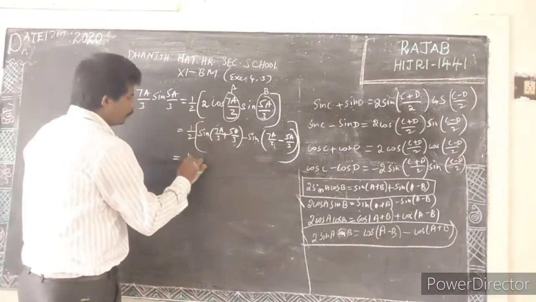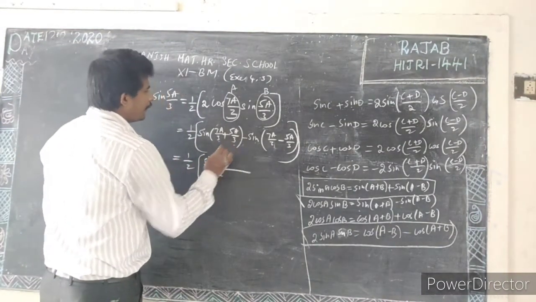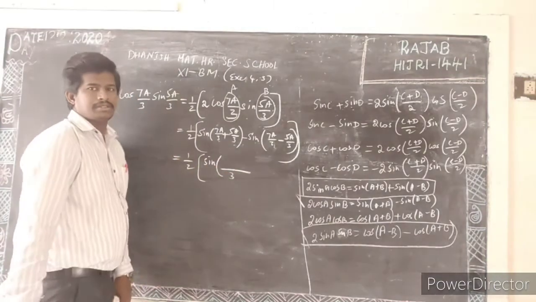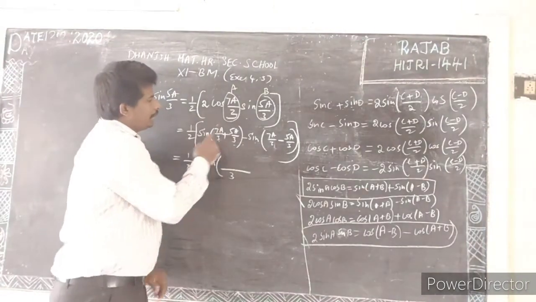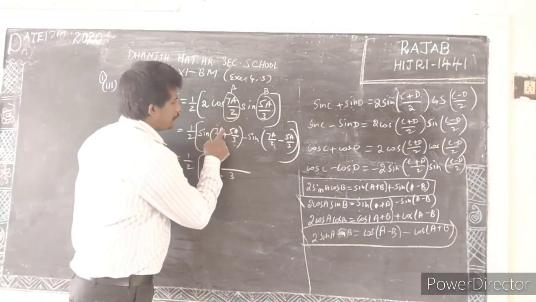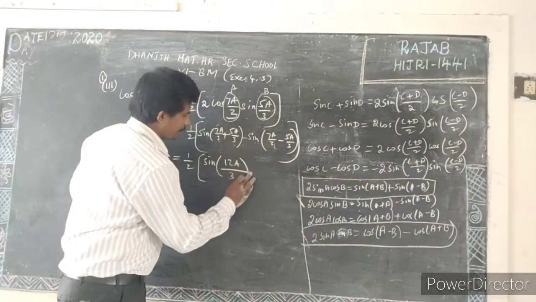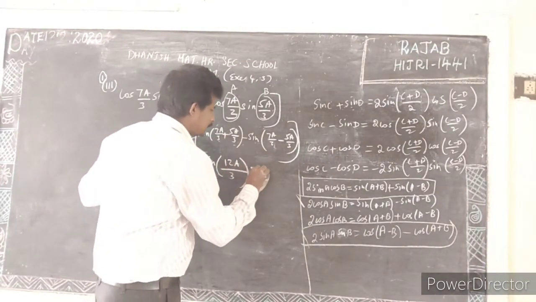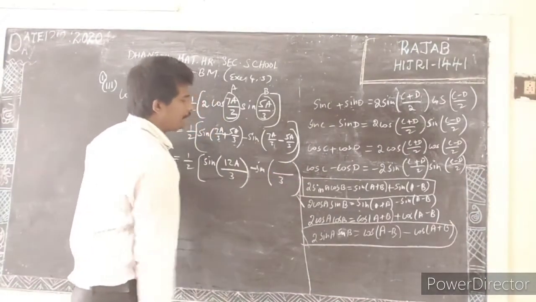The next step would be 1 by 2 into sin of, here we are having the denominators 3 and 3, so we can write it as common. So look at the numerator, 7a plus 5a, 12a, minus sin of, here also we can write the denominator as common.